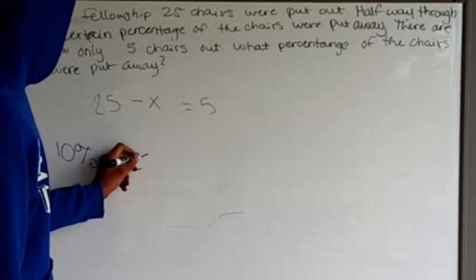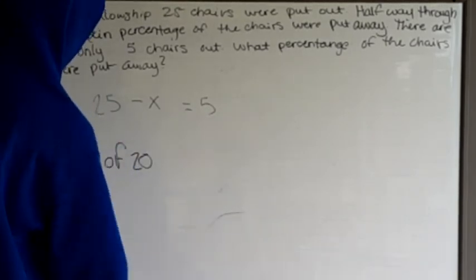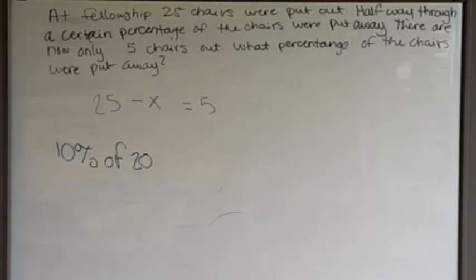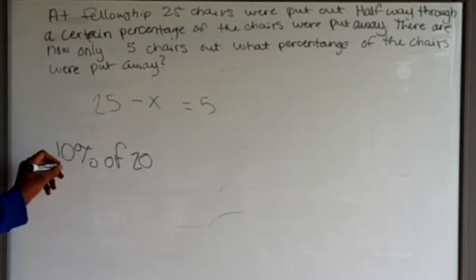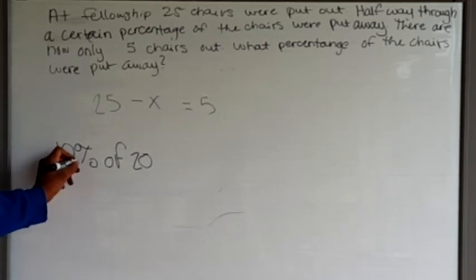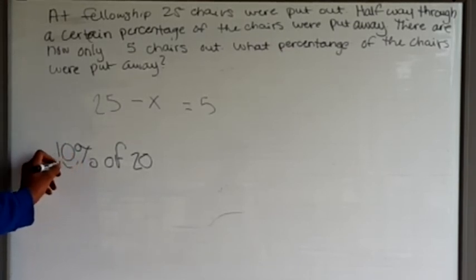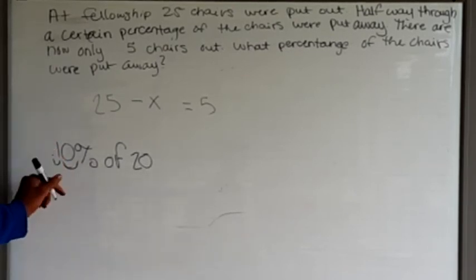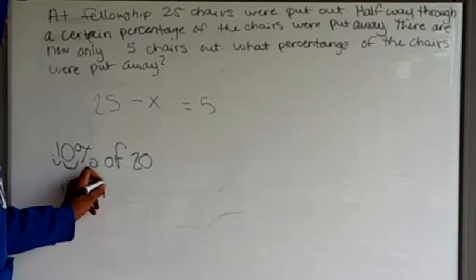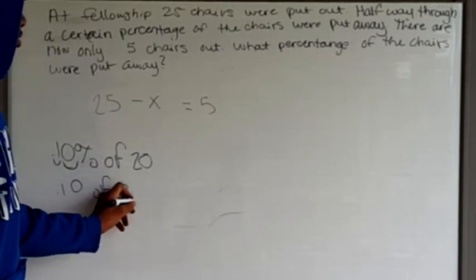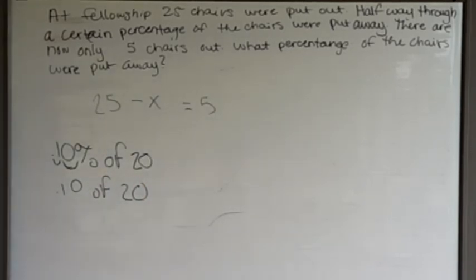So how would you find that? I would bring this decimal over 2 spots and make it 0.10. A tenth of 20.